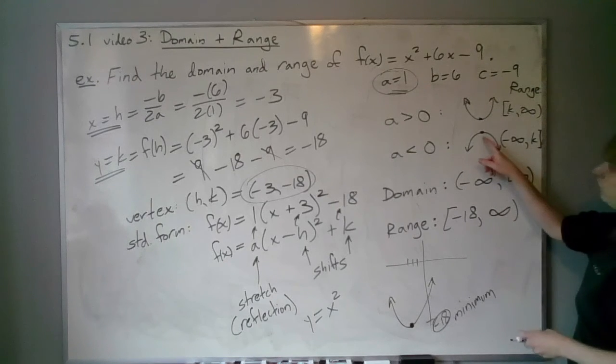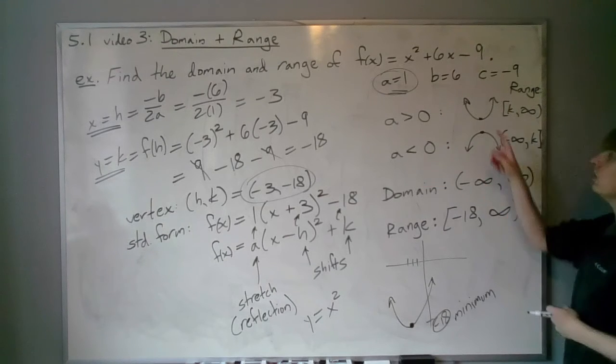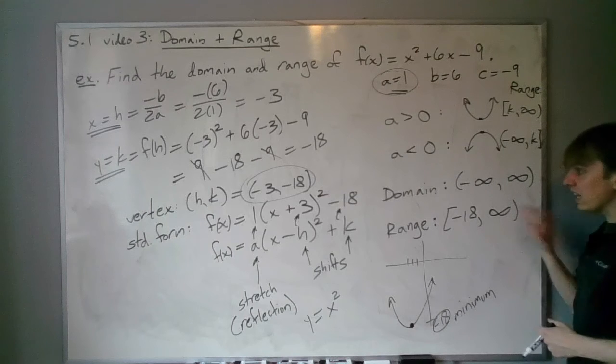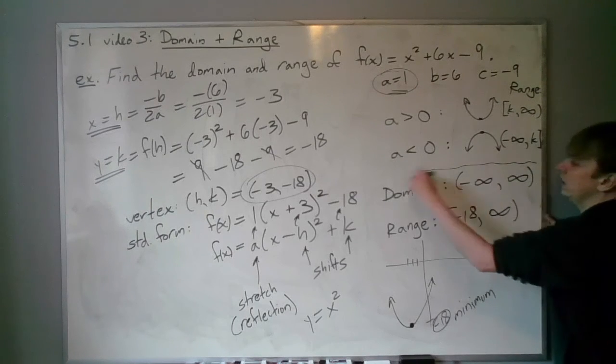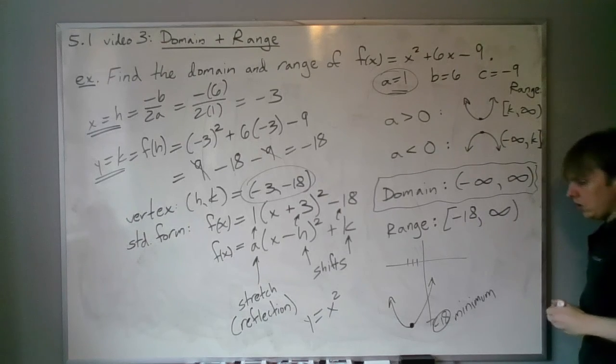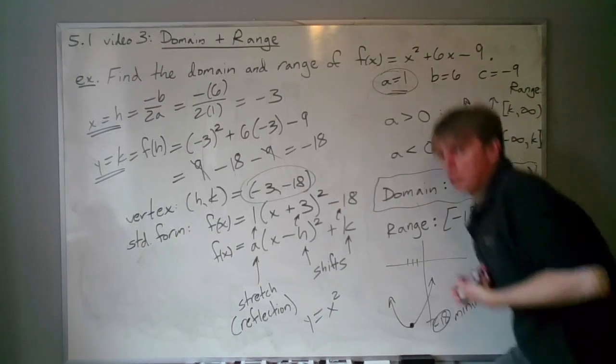And so this is a case where we have a maximum if a is negative. This is a case where we have a minimum if a is positive. And again, the domain is always going to be minus infinity to infinity. That should be really simple. Okay, hopefully that makes sense. I'm going to stop the video there.